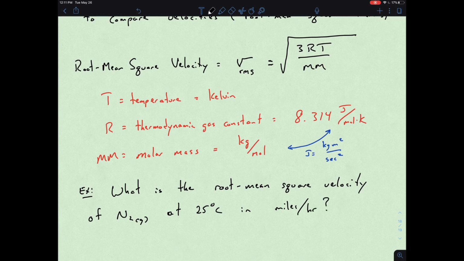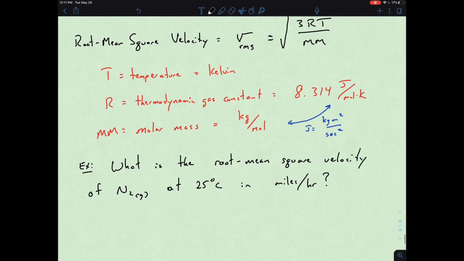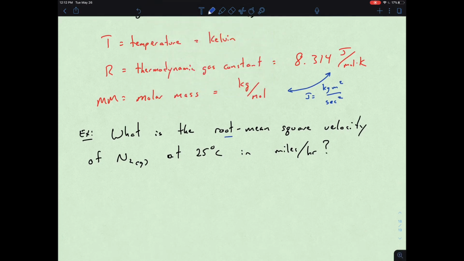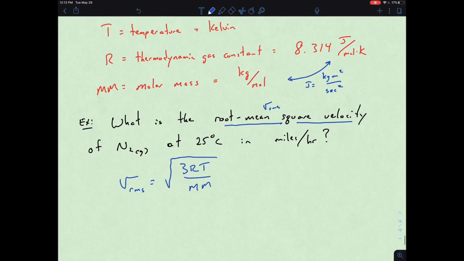So a little bit of a conversion there at the end. Only one equation do we have out here that has root mean square velocity. So we're looking at our expression for our root mean square, which would be the square root of 3RT over our molar mass.